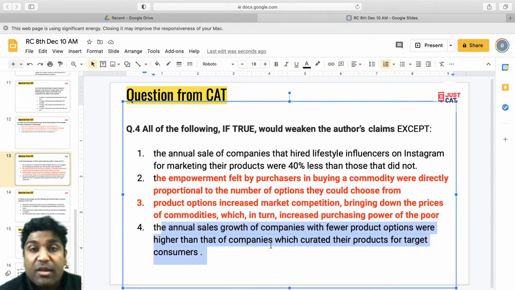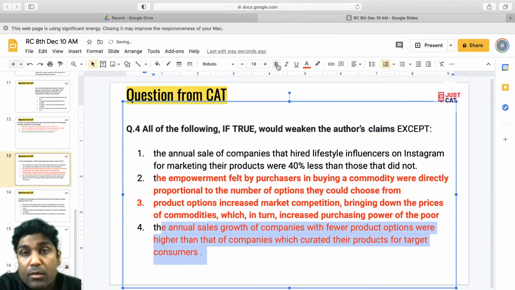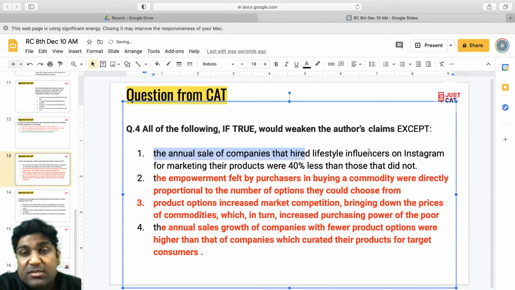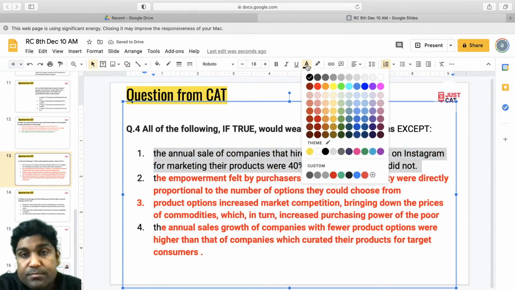So these companies are doing well, and they don't need to expand their catalogs, which is again opposite to what the author has been saying. Left out is this one only. This is the right answer.